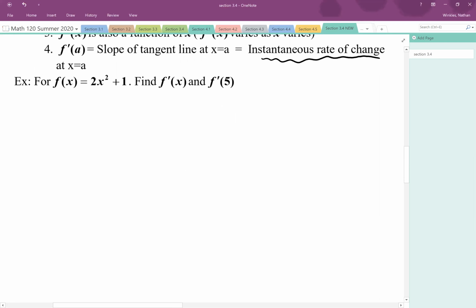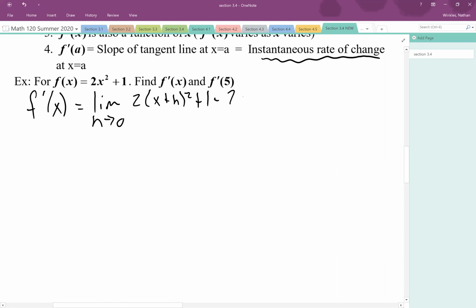So we're told for f of x equals 2x squared plus 1, find f prime of x, then find f prime of 5. F prime of x is equal to the limit as h goes to 0 of f of x plus h. So 2 times x plus h all squared plus 1 minus f of x.